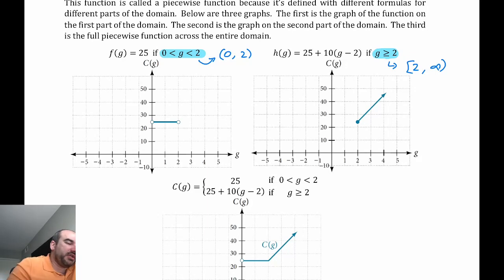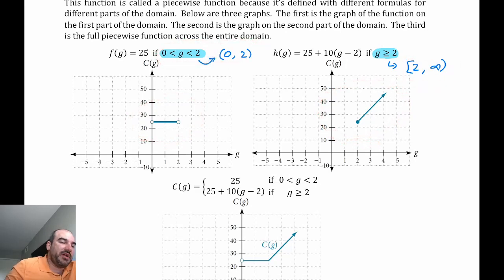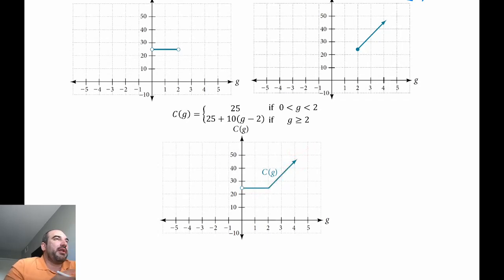Okay, so just to recap, we graph each one separately in its interval, respectively, and then we put them together into one graph with the same scale and everything. So this was the first piece of the graph, and this was the second piece of the graph. So we put them together, we get one graph for this piecewise function.